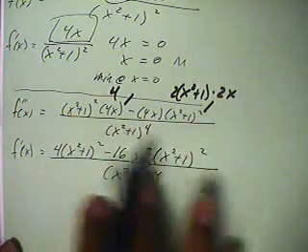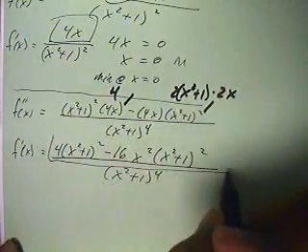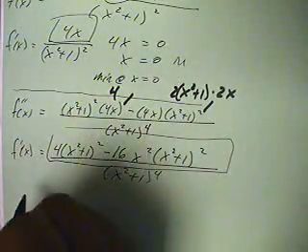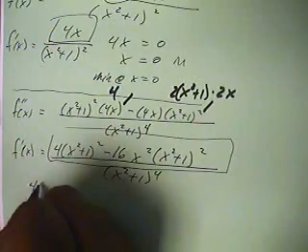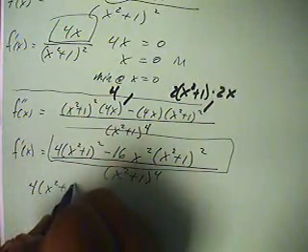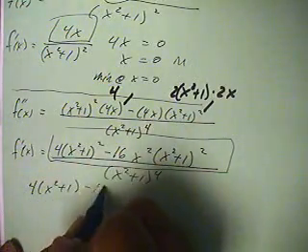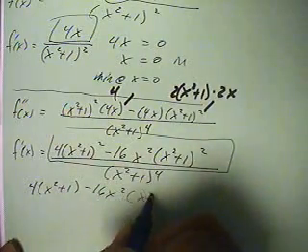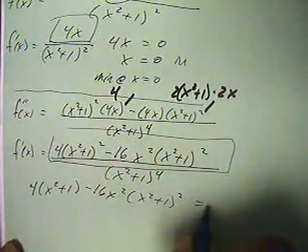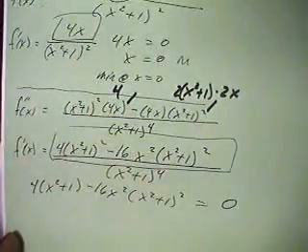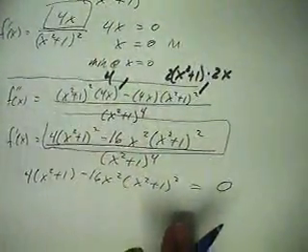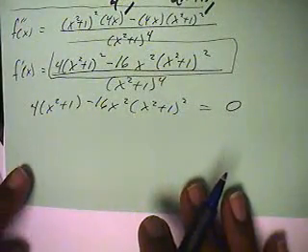Again, when setting this equal to 0, all we're concerned about is the numerator. So the numerator: 4 times x squared plus 1 all squared, minus 16x squared times x squared plus 1, set equal to 0.